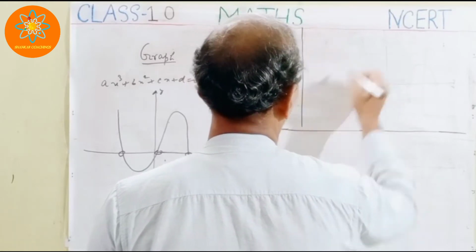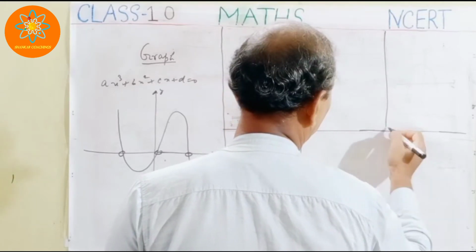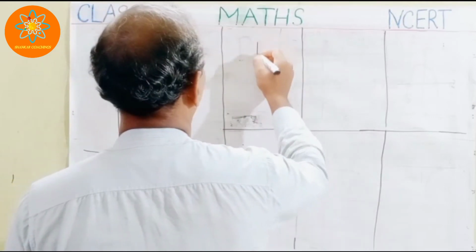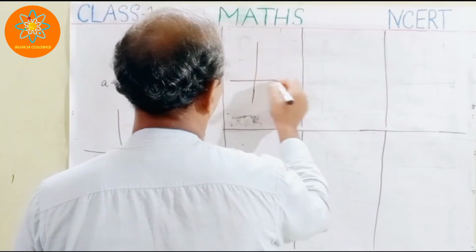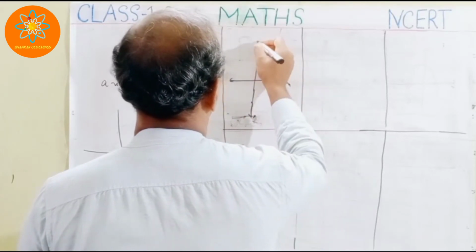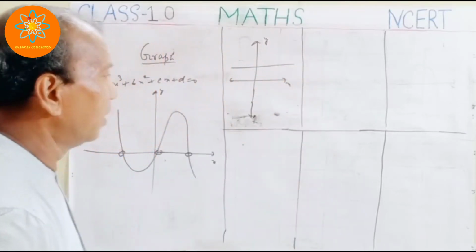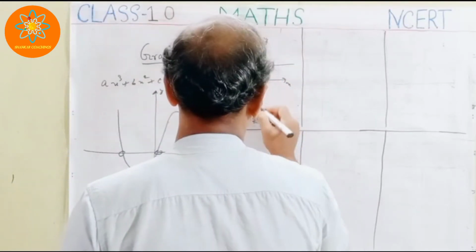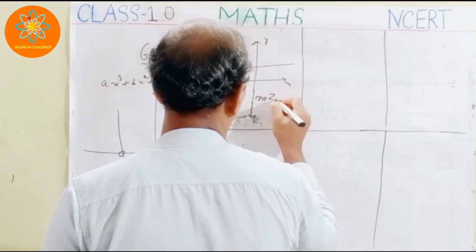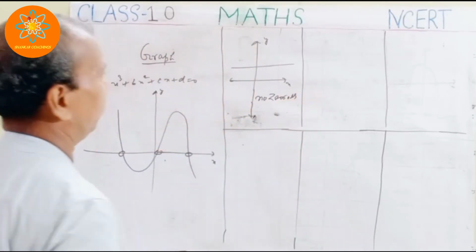Let's suppose the first one is like this: this is x-axis, this is y-axis, and the graph is parallel to the x-axis. It means no zeros because it does not cut the x-axis anywhere. So no zeros will be there.